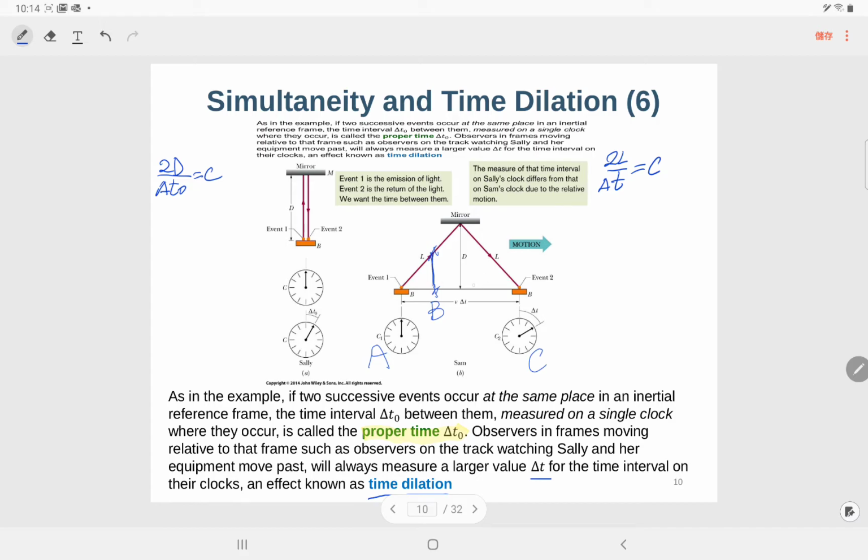And suppose B moves to this point. You see the light moving that way. So relative to B, actually you see the light like this.